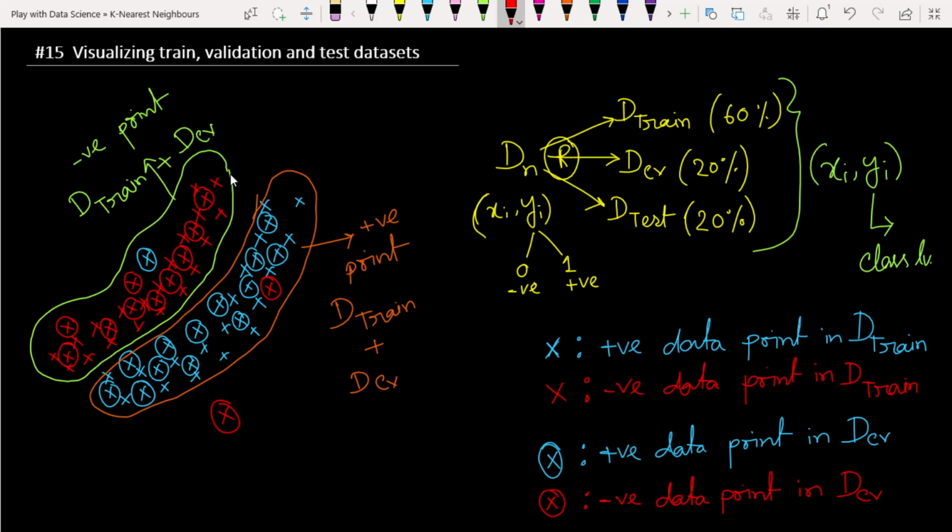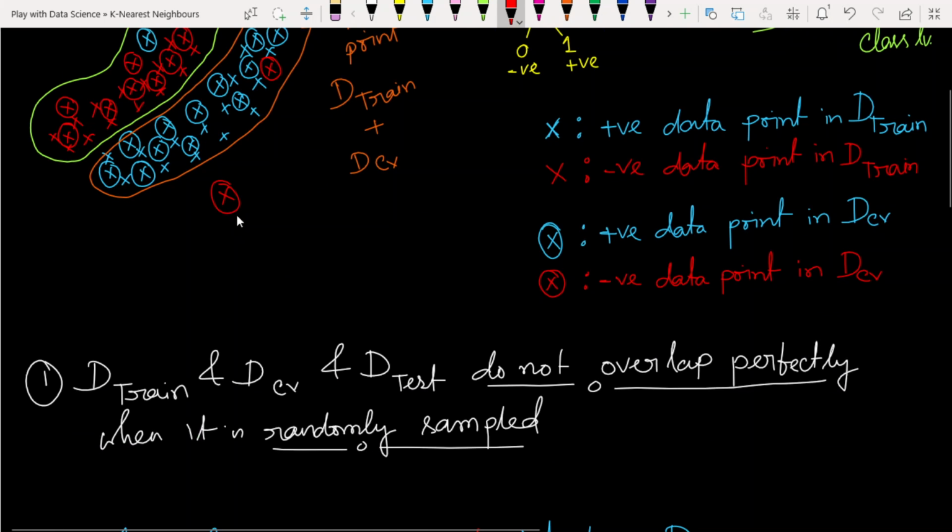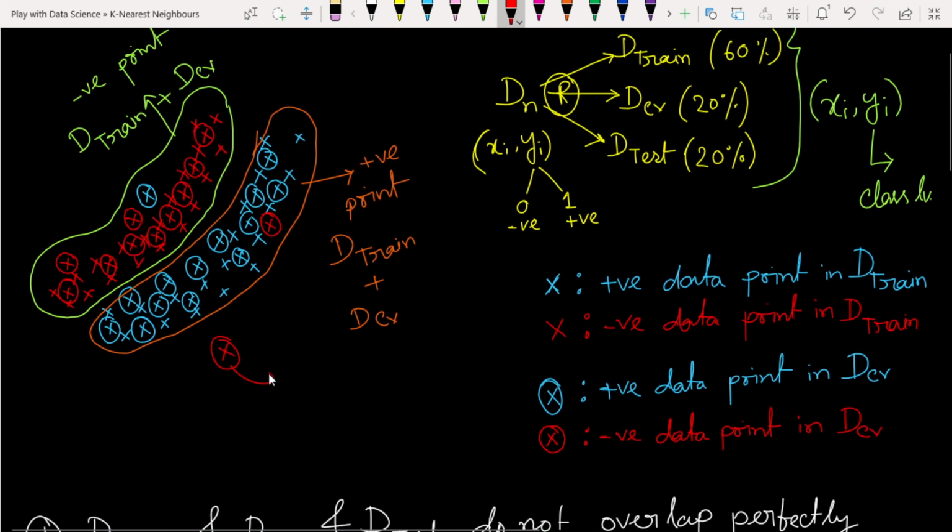If our data set is totally imbalanced, then we cannot see this kind of distribution, this kind of plot. If the data is imbalanced or noisy, then we cannot find this kind of situation. You can see, actually this is a noisy point.